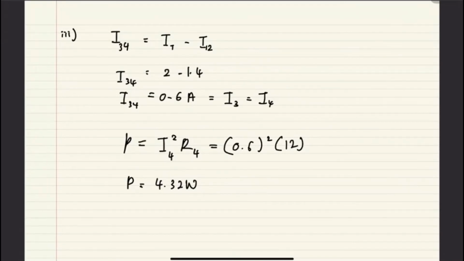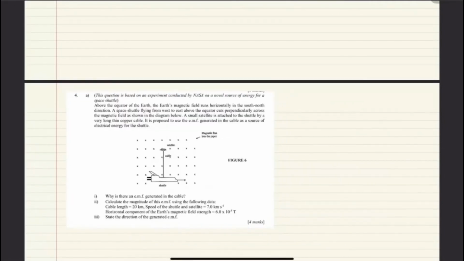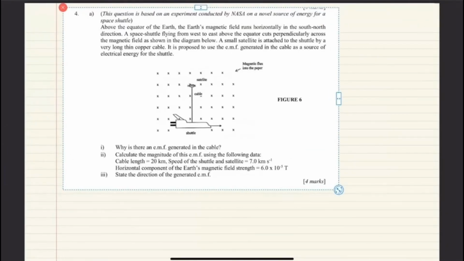Okay, the next question is question 4A2. 4A ni kita baca balik lah, saya tak baca soalan ni. The question is based on the experiment conducted by NASA on a novel source of energy for a space shuttle. Above the equator, the Earth's magnetic field runs horizontally in the south-north direction.